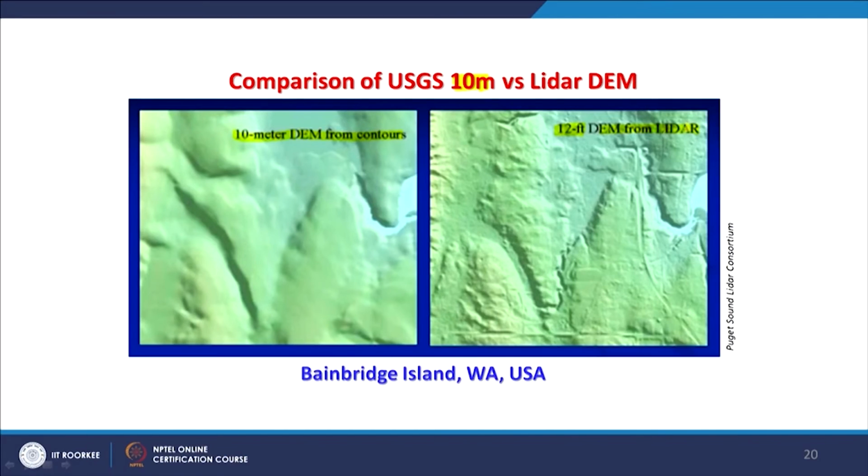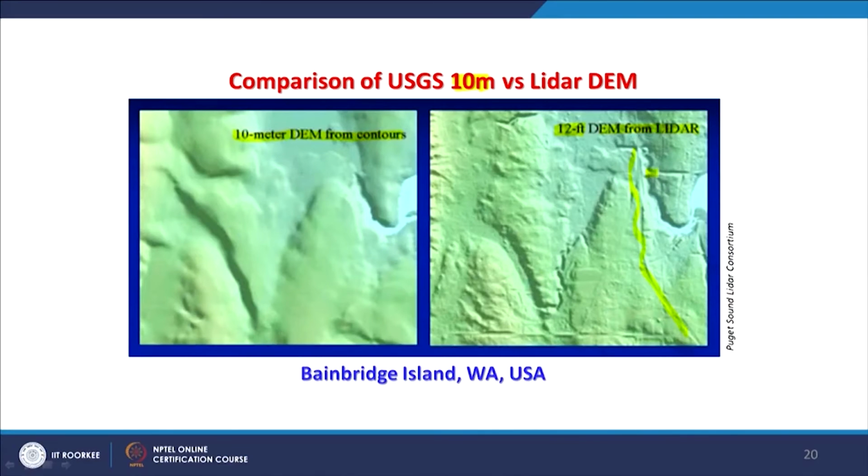The only problem you might have observed is that removing the canopy and buildings, that is, creating a bare surface for a typical digital elevation model in the case of LiDAR, may not always be possible or complete, and that is why you are seeing some human-made structures even in this bare LiDAR DEM.